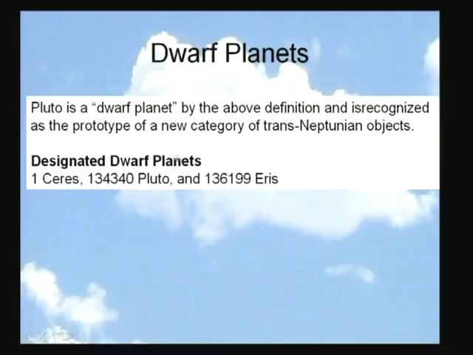When I prepared this some time ago, there were several designated dwarf planets. This is a list: you have Ceres, Pluto, and Eris over here, and possibly by now several more dwarf planets have been discovered.